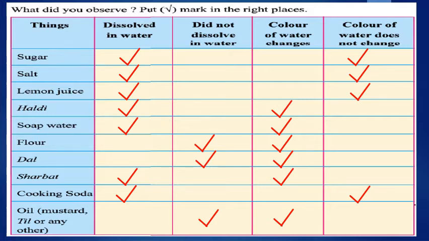Next question. Imagine how it would be if things like sugar, salt, lemon juice, sherbet, etc. could not dissolve in water. Children, I am talking about if sugar, salt, lemon juice, sherbet could not dissolve in water, then what would happen?